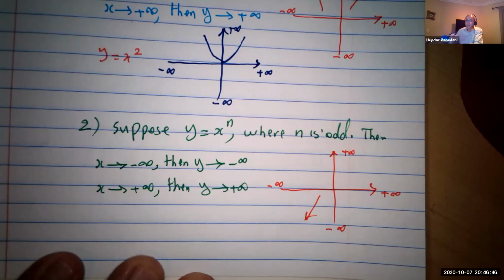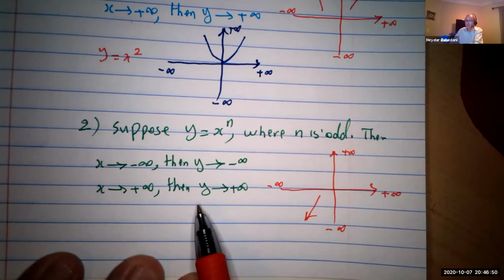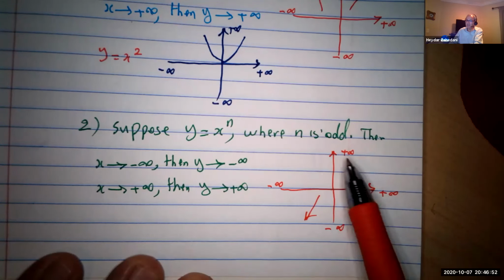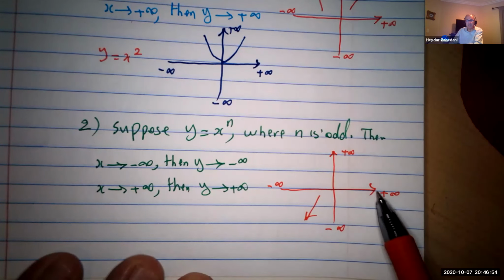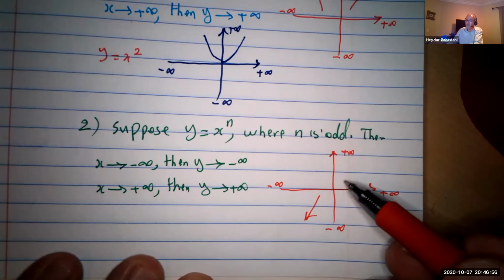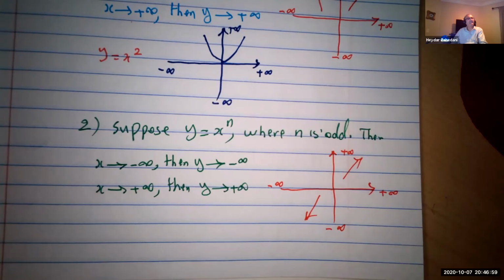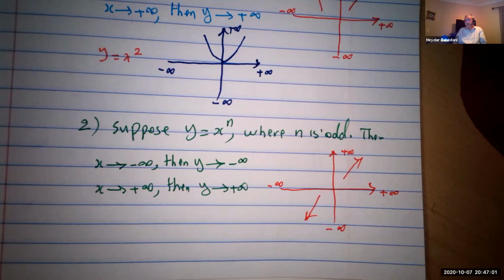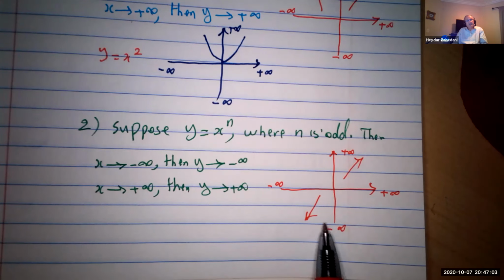Okay? So when X goes to positive infinity, Y would be positive too. Okay? So this is positive, positive. So this means when X increases without bound, the value of the function would go up. So we say that the function would fall down, down, and then up, down, up, and that would be interesting.